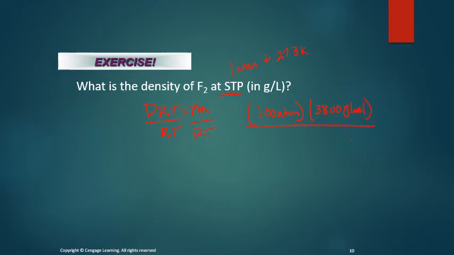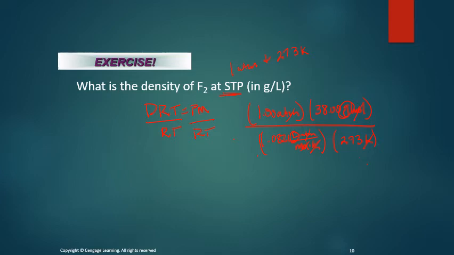And then I would divide the molar mass by the R value, which we know is 0.0821 liter atmospheres per mole Kelvin, and by our temperature of 273 K. So as I look at this, my moles would cancel, my Kelvin cancel, my atmospheres cancel, and I'm left with grams per mole, or grams per liter, excuse me. So that makes sense for the density.